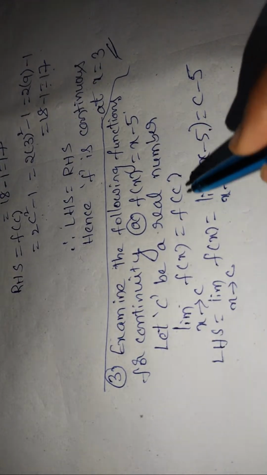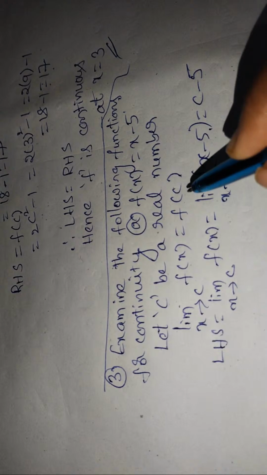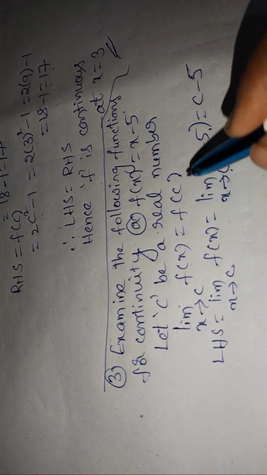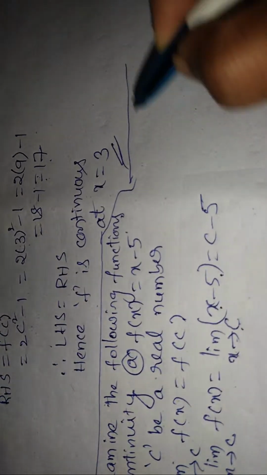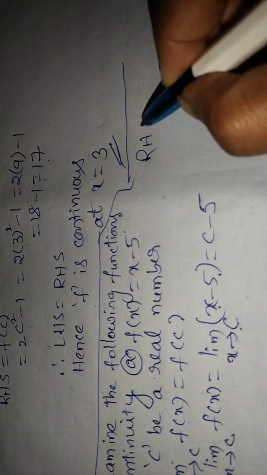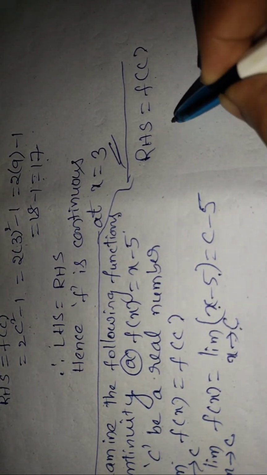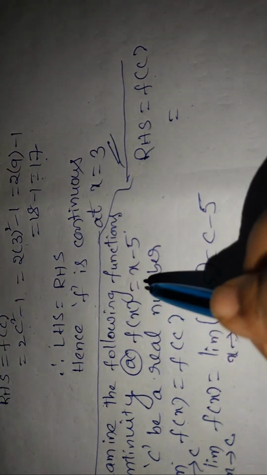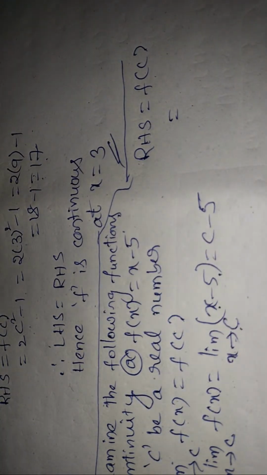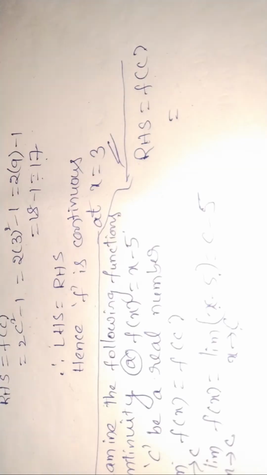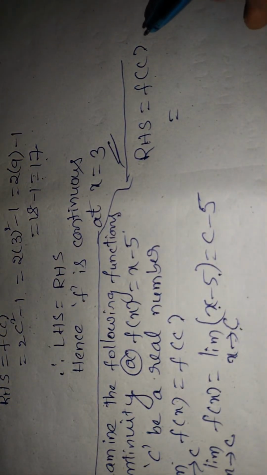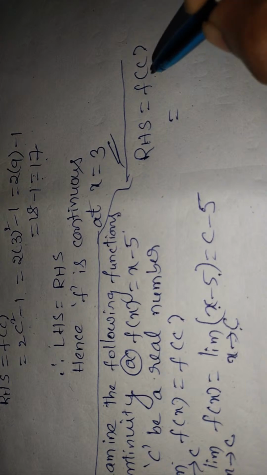Now, we take RHS. What is RHS here? f of c. I'll write f of c as RHS. Now the given function is in x variable, now I want to write the function in c variable.